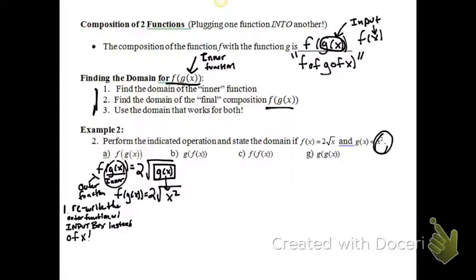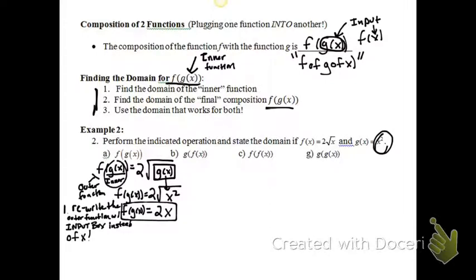So we have 2 square root of x squared. Now, sometimes you can simplify, sometimes you cannot. In this case, the square root of x squared, you should know, is just x. So I get 2x. So my final answer here is f of g of x is just 2 times x.